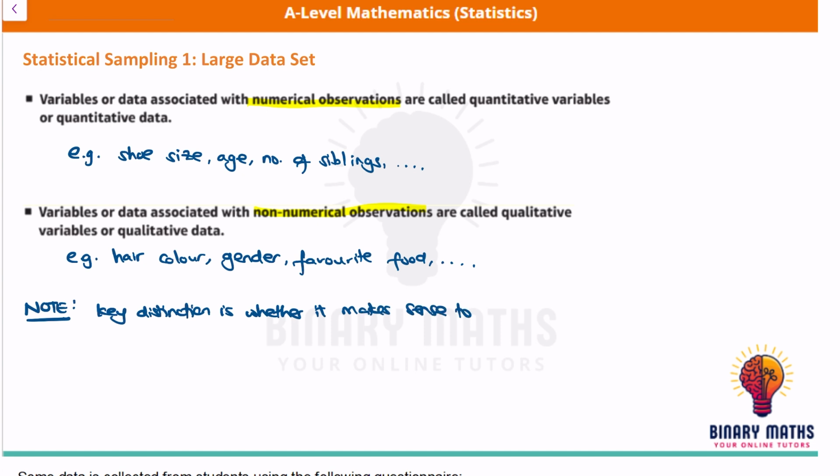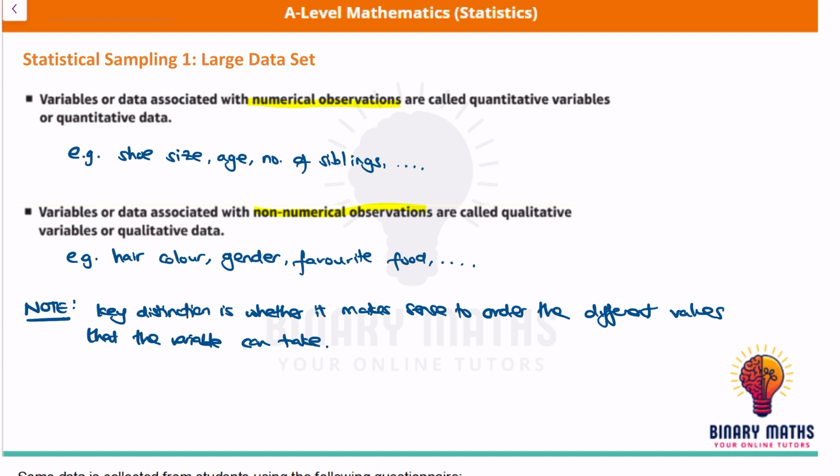For example, if we look at hair color, it doesn't make sense to order it because you can't say one is bigger than the other. Whereas shoe size 5 is bigger than size 1, so it makes sense to order it, so it's quantitative data.